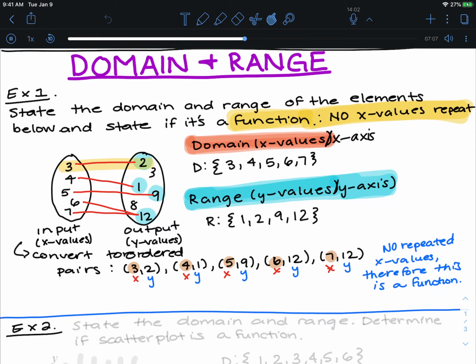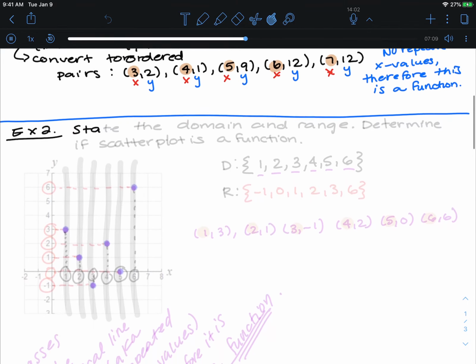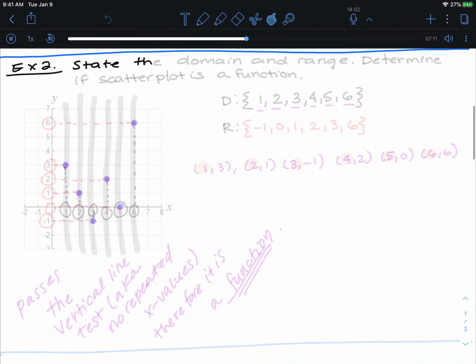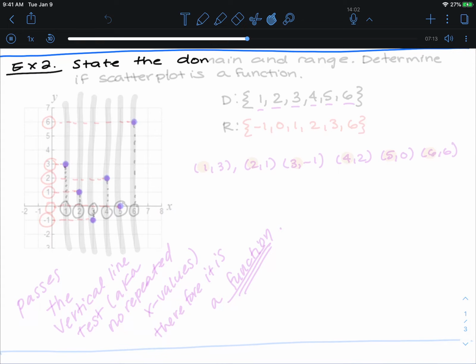The question is going to be the same. State the domain and the range, and then determine if the scatter plot is a function.